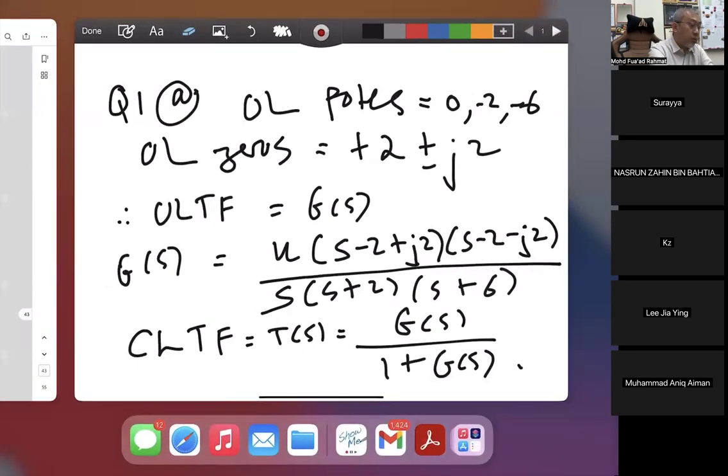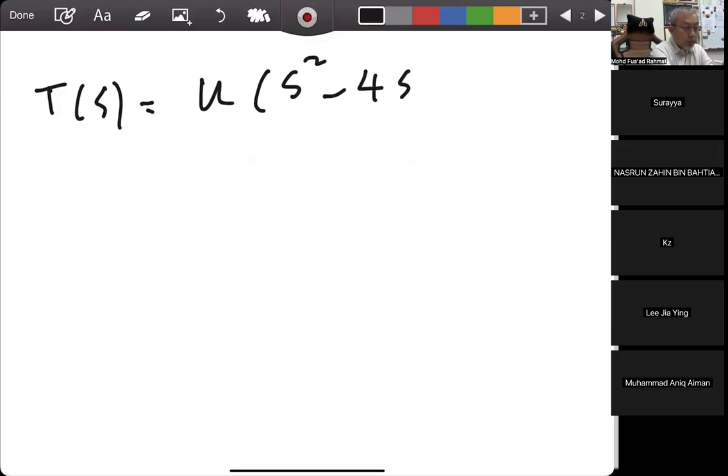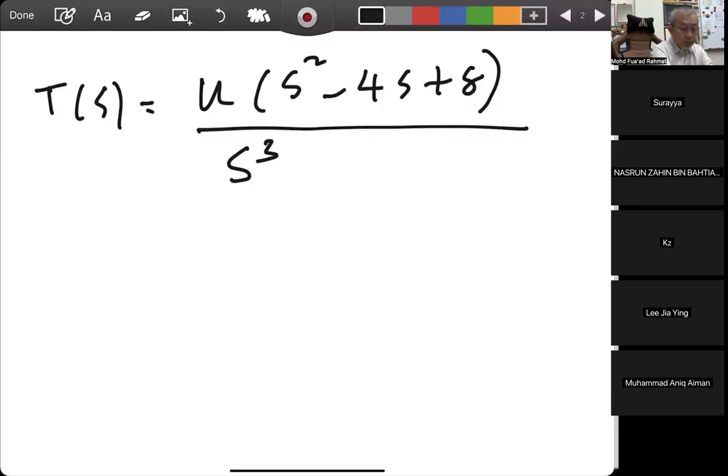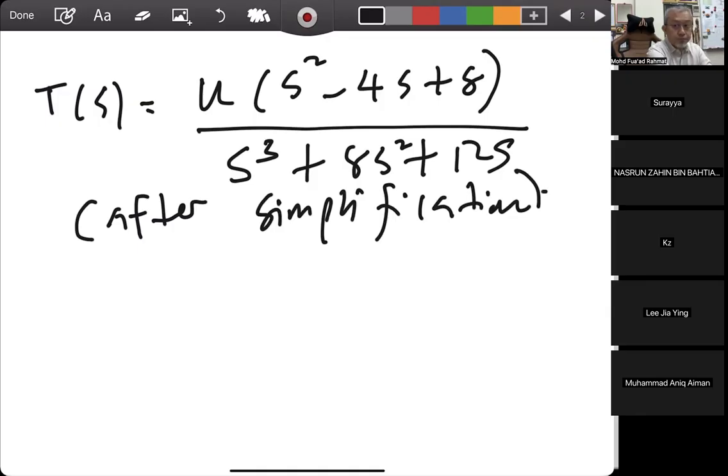Okay, so it will be K, s cubic, after simplifications. Okay.